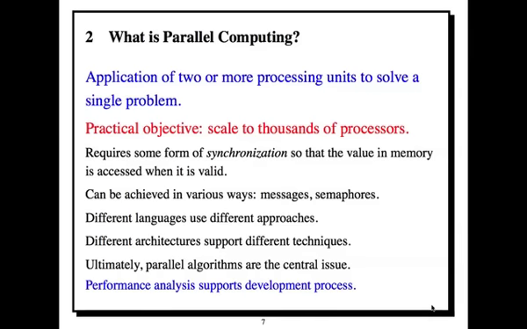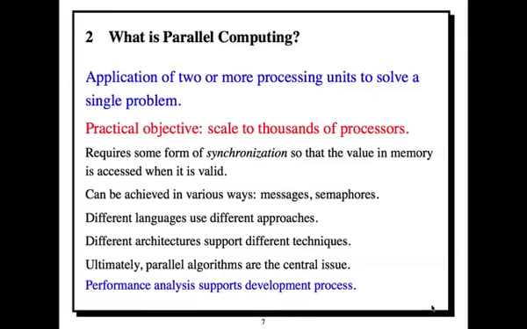So that's the beginning and the rigorous definition, but the practical objective today is to scale up to 1,000 processors or more, and that's really hard, and I'll talk in detail about the reasons why that's hard today, and we'll look at that in some particular applications later in the week. What are the issues? Well, you have to synchronize things, and there are different ways to do that depending on different languages.